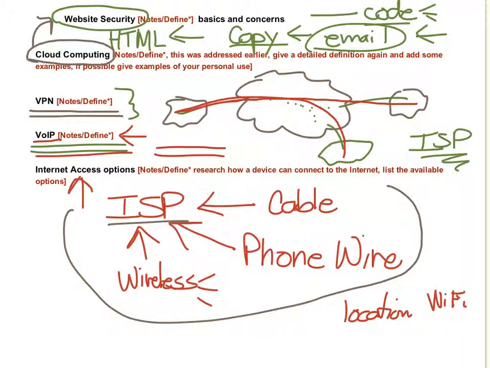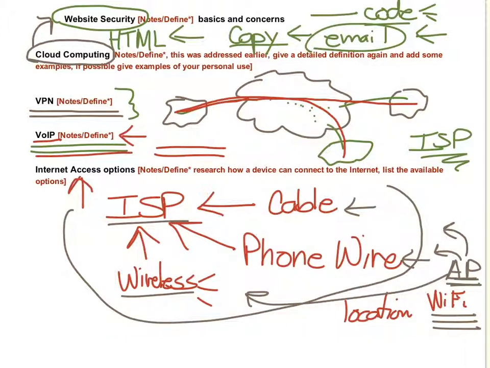Now, if it's at your house, you might have a cable modem, or you might have DSL through the phone. There are some wireless ways to do that. Typically, if you're on Wi-Fi, you're connecting to an access point, but that access point is not directly connected to the internet. It's connected in through some other means or device. Okay?